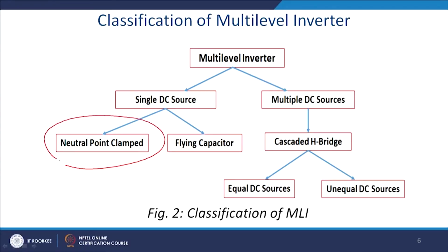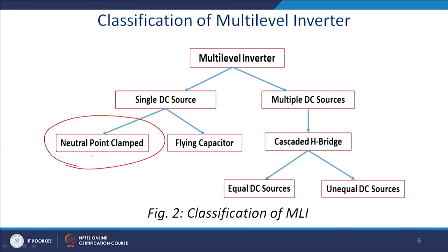Now, we shall detail the application aspects of this multi level inverter. Multi level inverters can be broadly classified into single source. Generally, you will find that the most used topology is the neutral point clamp, or diode clamp topology, and you will also have a capacitor. It is the simplest topology and finds much more application.